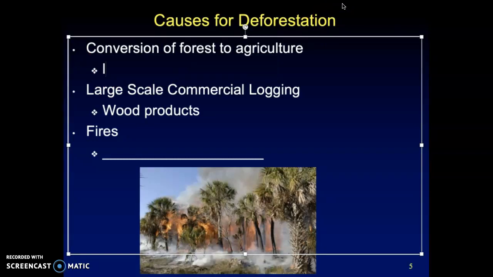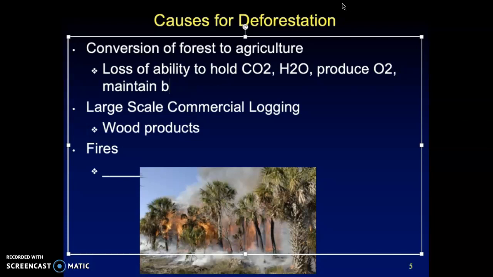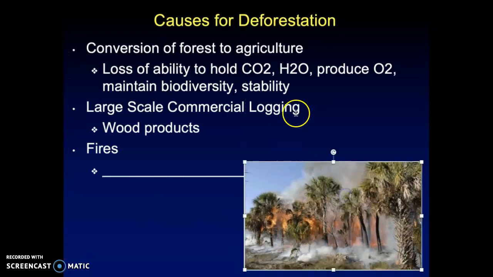So some of the problems associated with deforestation, you're losing the ability to hold CO2, to retain water, produce oxygen, maintain biodiversity. You're losing stability. So all this is associated with deforestation. So as that continues, all these problems will continue to intensify.